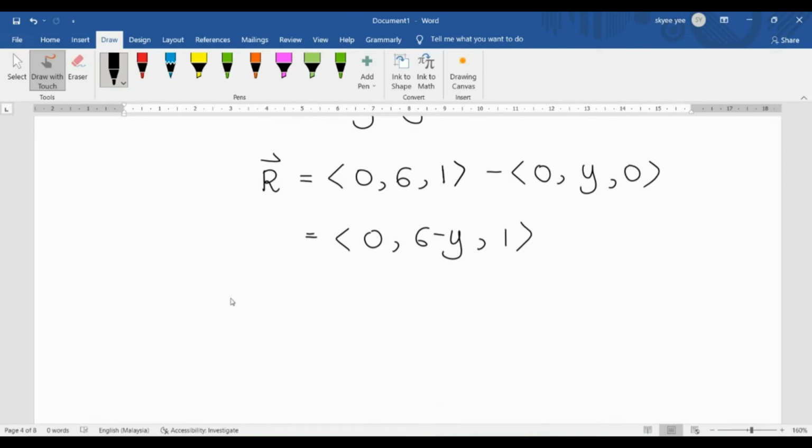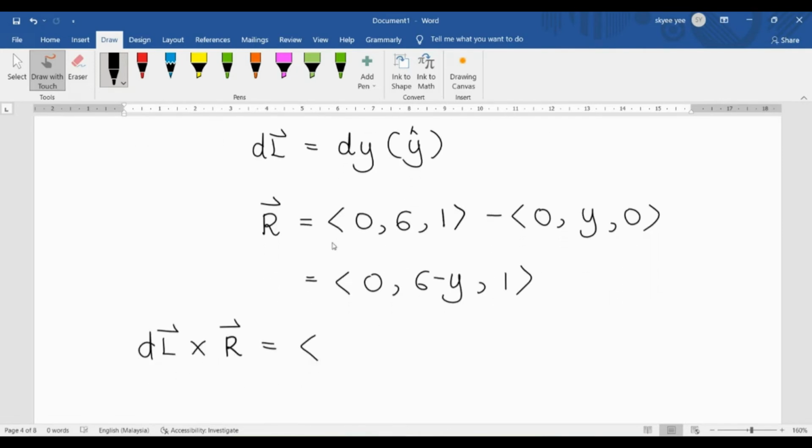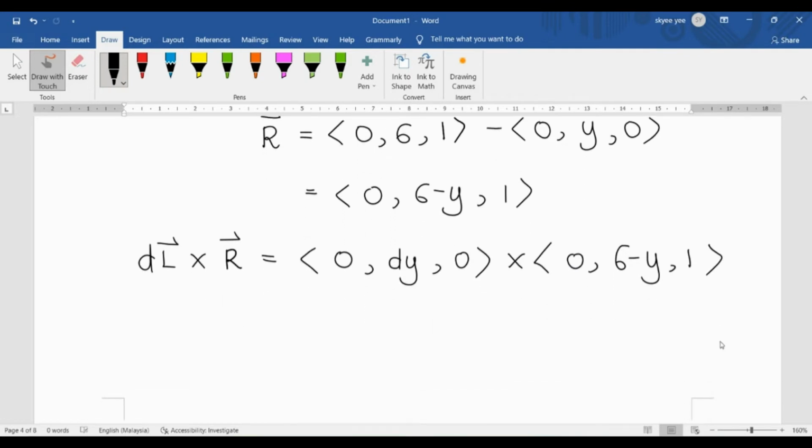It means that now we have DL cross product with the R. So it will be equal to 0, dy, 0 cross product with 0, 6 minus y, 1.